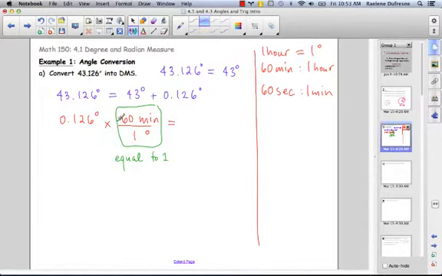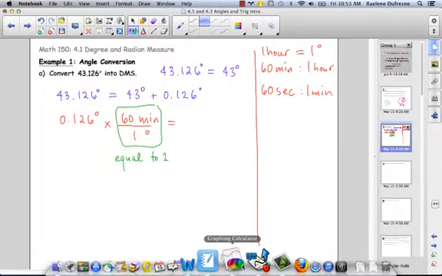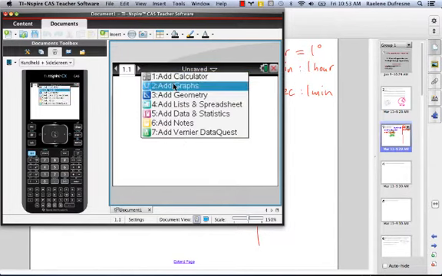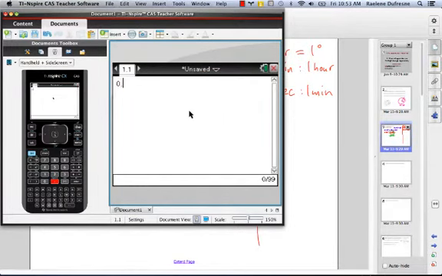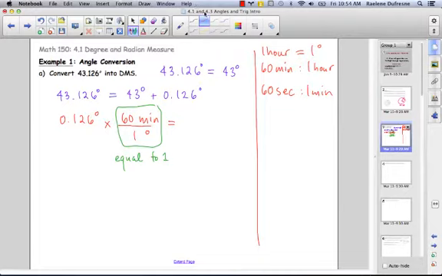So 60 times 0.126, we can work that out by hand, but let's just do it quickly with the calculator. 0.126 times 60 is 7.56. And so we have canceled off the degrees, and we are left with 7.56 minutes.